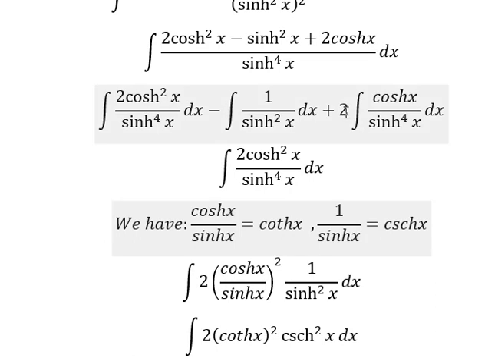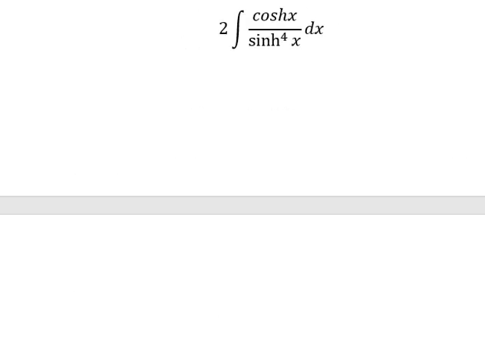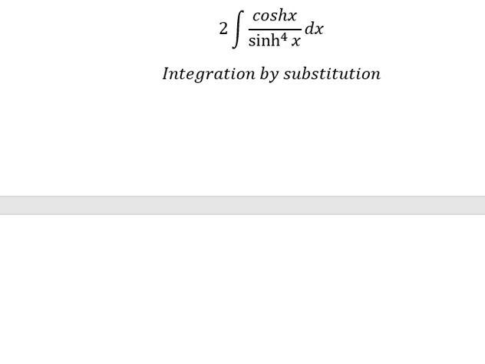Now let's go to the last one. So we can use about integration by substitution. So I will put about u equals to sin s, and the next one we have cos s.